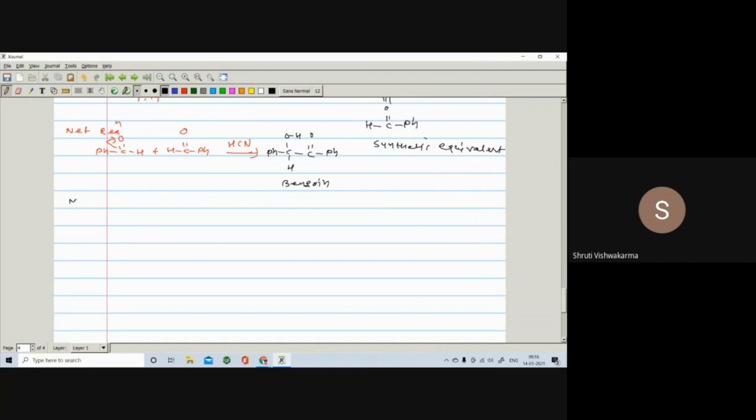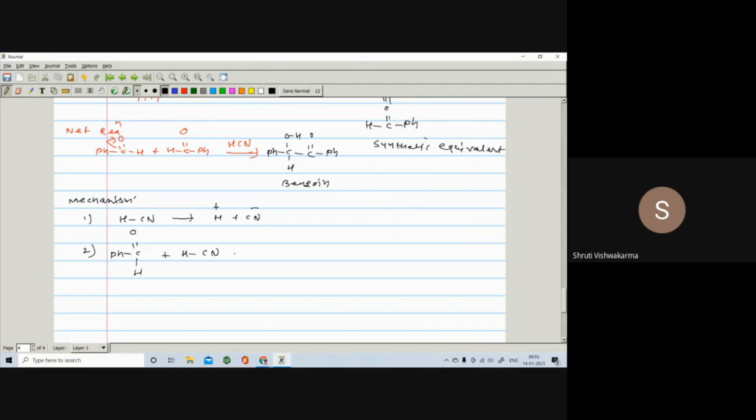What is the mechanism of this reaction? First step, HCN undergoes dissociation to give H plus and CN minus. Number 2, the first molecule of benzaldehyde reacts with HCN.